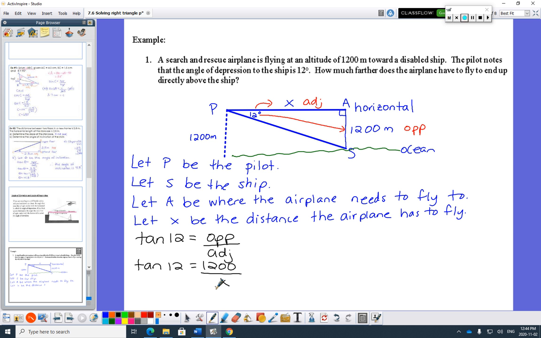And now we have a situation where we have one of those extra step ones. The x is in the bottom, so we have to multiply and then divide, right?